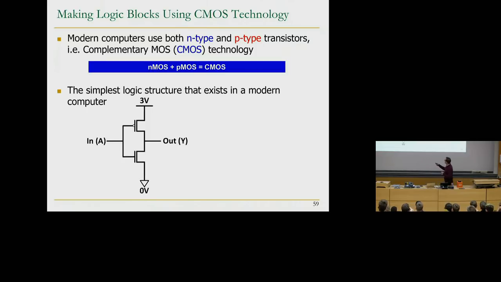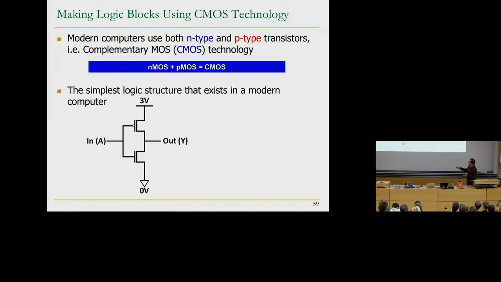Remember, this is a P-type transistor. It gets turned on when the input is low, 0 volts. This is an N-type transistor. It gets turned on when the input is high, 3 volts. So what does this do? Okay, it's an inverter, yes. So everybody see it? If you don't see it, I'm going to go through it, basically. What it does is basically it inverts the input.